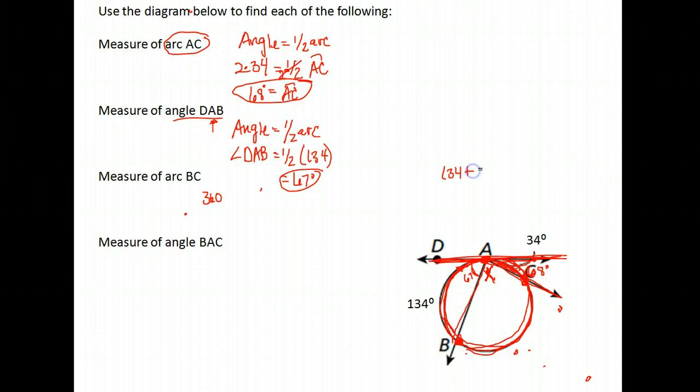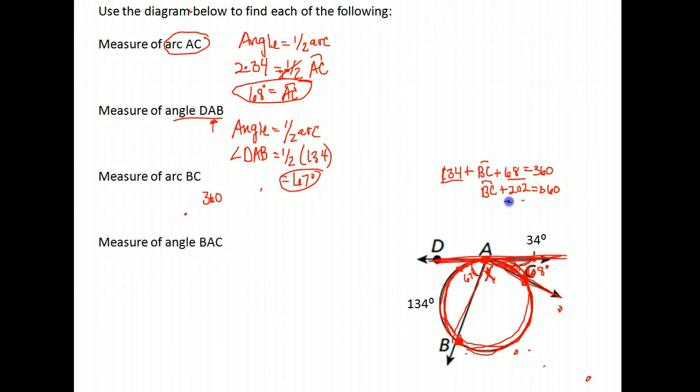So I'm going to set that up. 134 plus whatever our measure of arc BC is plus 68. Together those should be 360. And I can use this to solve for BC. It's whatever is left over to get to 360. So I'm going to go ahead and combine 134 and 68, and I get 202. So I have BC is whatever we add to 202 to get 360.